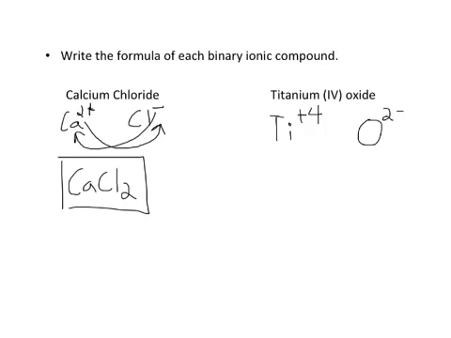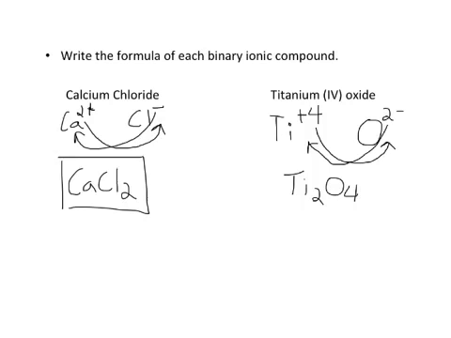So in this case, when we want to determine the formula, we see that titanium is +4, oxygen is -2, so we need two oxygens to balance out that +4 charge. If we do the trick where we swap the charges for the subscripts, we would get Ti2O4.